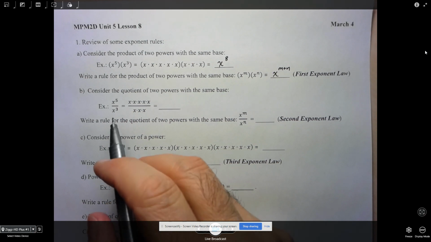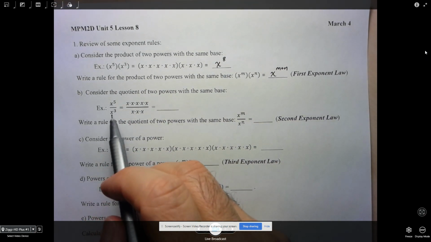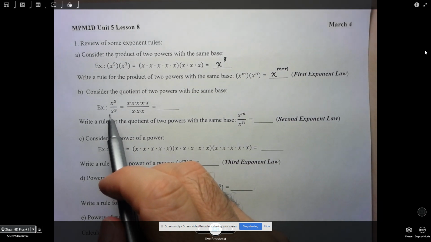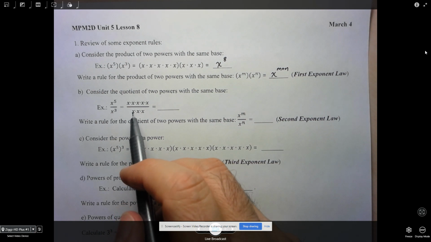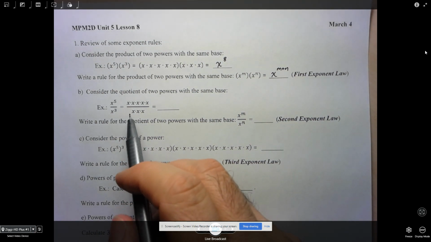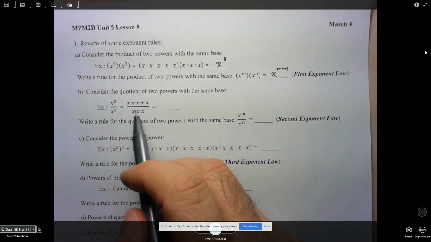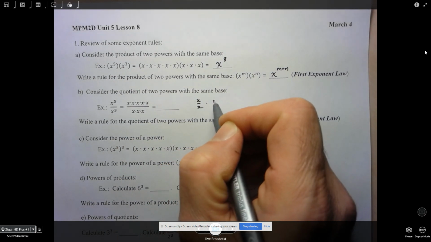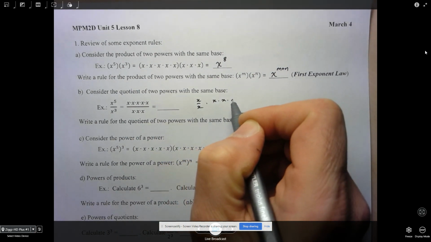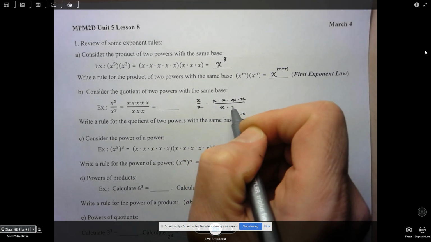So here we have the quotient of two powers of the same base. So I have x to the 5th over x cubed. All right, and what we can do is we can reduce any common factors that exist in the numerator and denominator. All right, so just to justify why this is the case, because I can rewrite this fraction as x times x times x times x times x all over x times x.